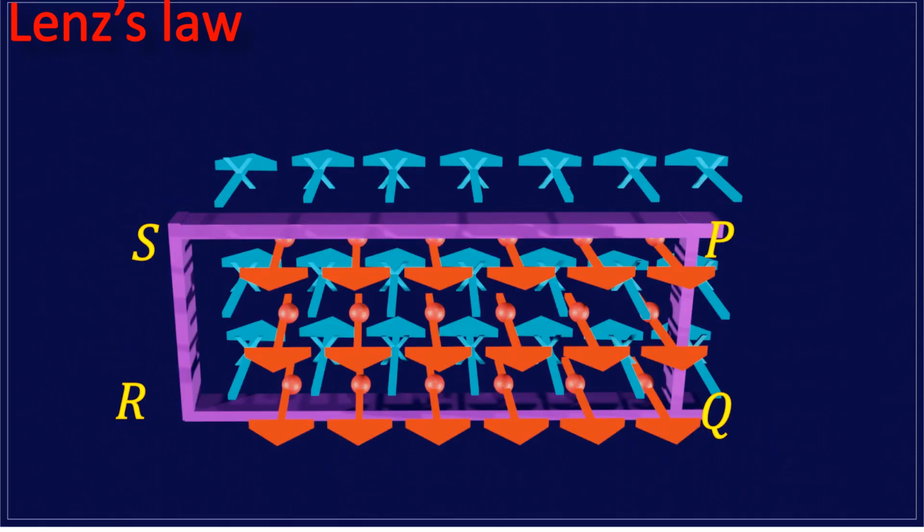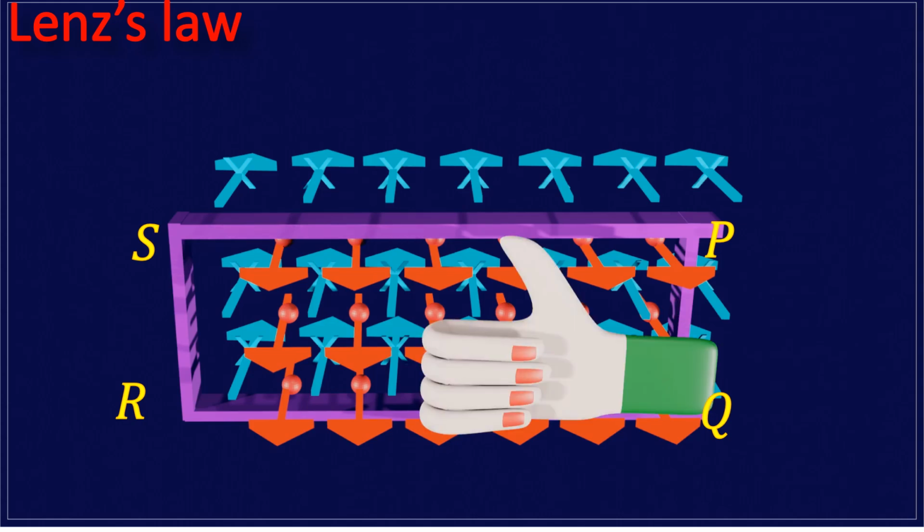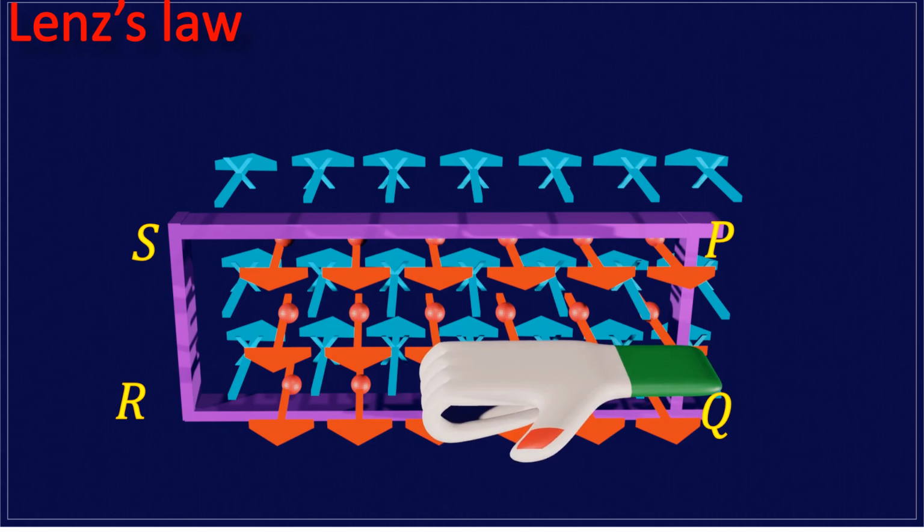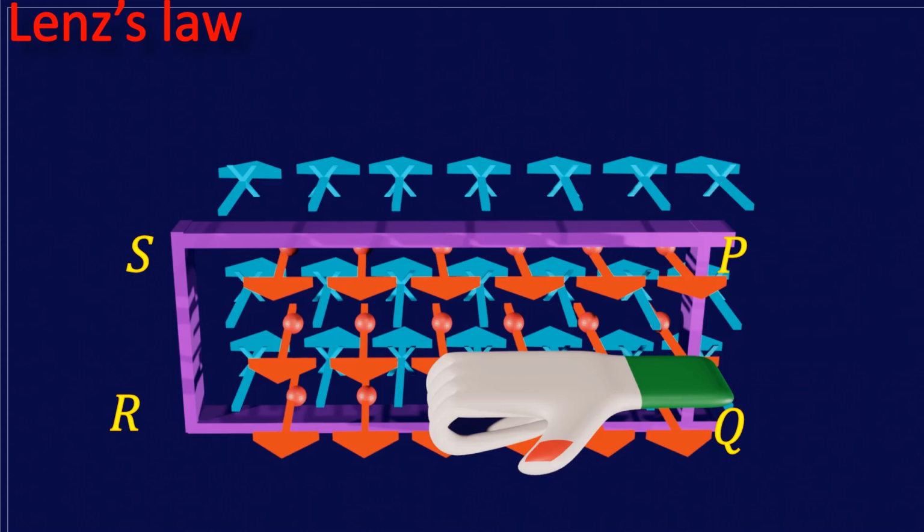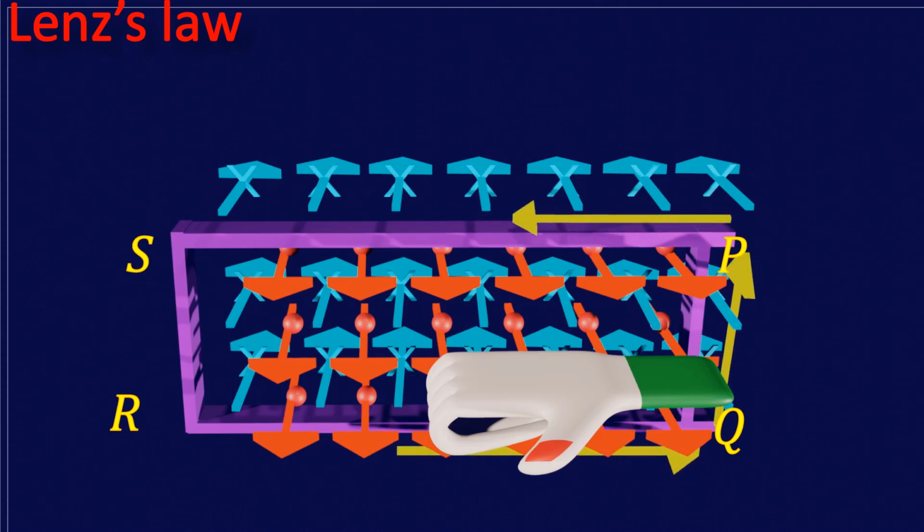From the direction of the magnetic field thus produced, the direction of the induced current is found to be anticlockwise by using the right hand thumb rule. So the induced current direction is anticlockwise.